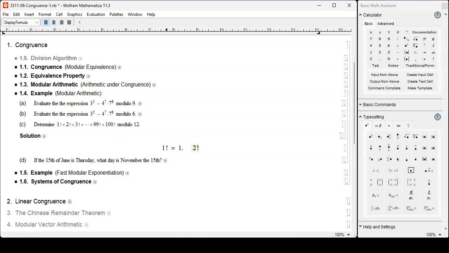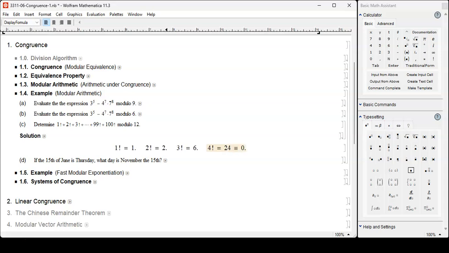2 factorial is 2 times 1, so 2. 3 factorial is 3 times 2 times 1, that's 6. 4 factorial is 4 times 3 times 2 times 1, so this is 24.